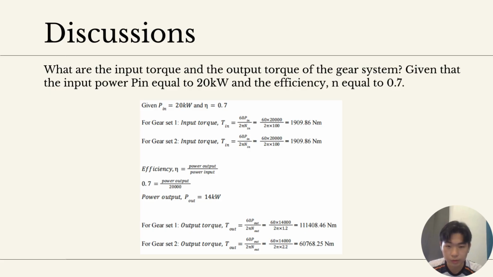We use the efficiency formula to calculate the power output, and we get 40 kilowatt. And finally, we calculate the output torque for gear set 1, and we can get 111,408.46 Nm. And for gear set 2, we can get 60,768.2 Nm.